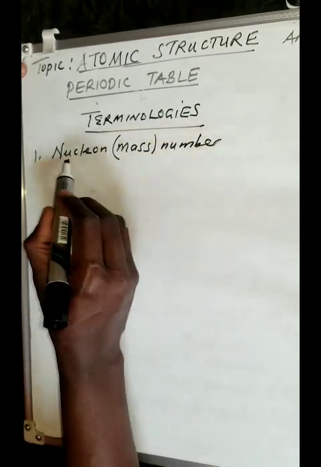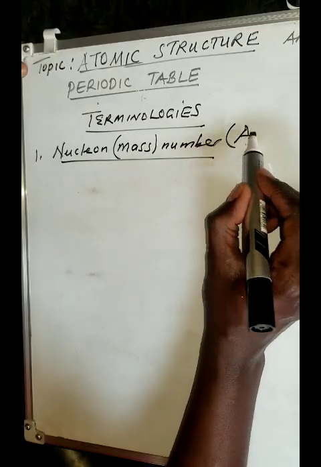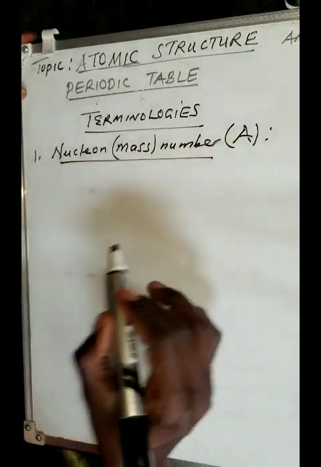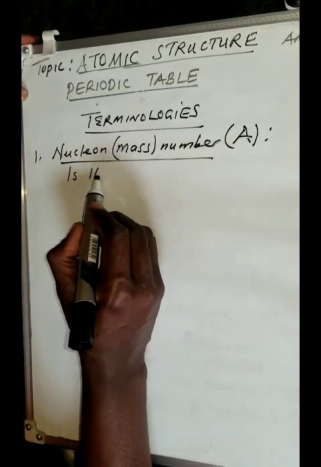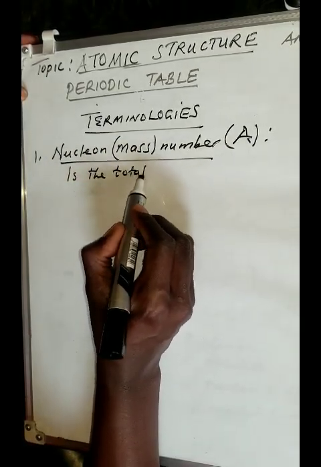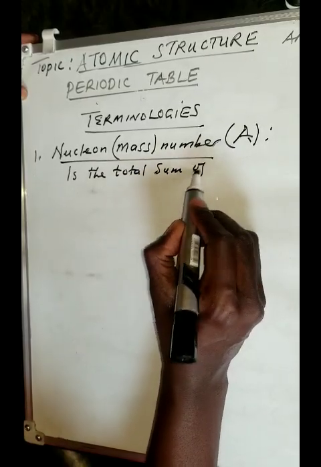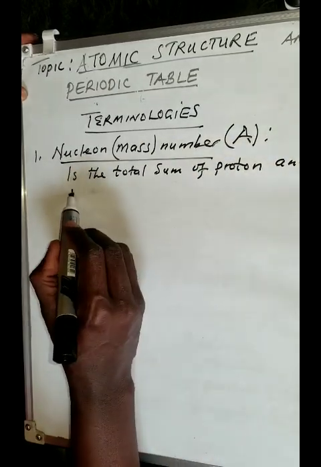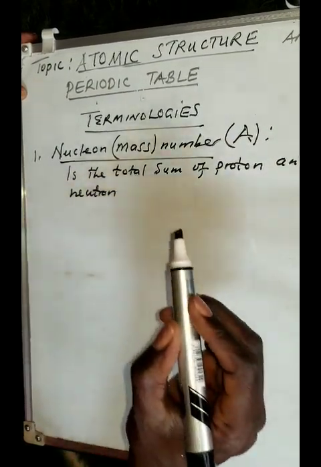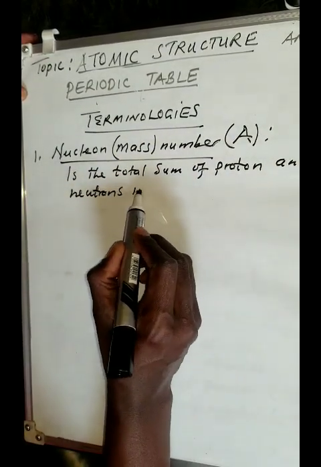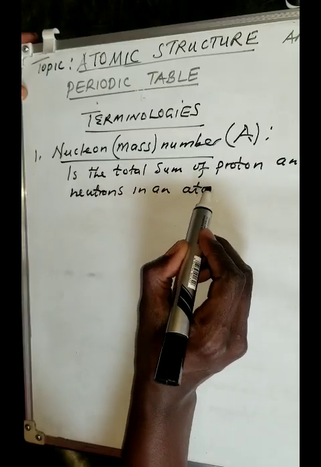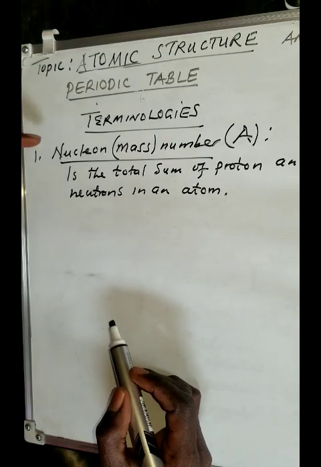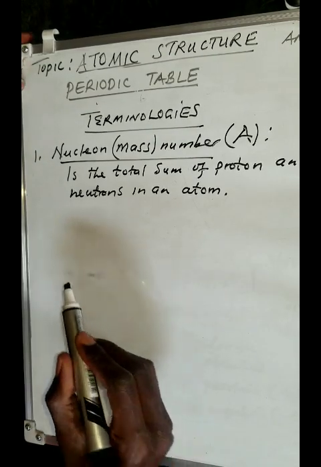Now what is the nucleon number or the mass number? Well, it is the total sum of protons and neutrons in an atom. When you add the number of protons and the number of neutrons in an atom, that forms what we call the nucleon number.